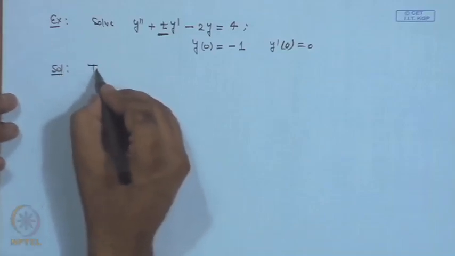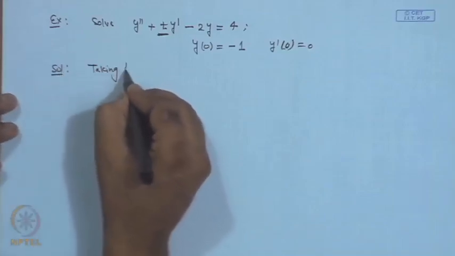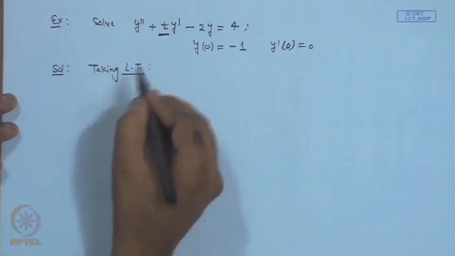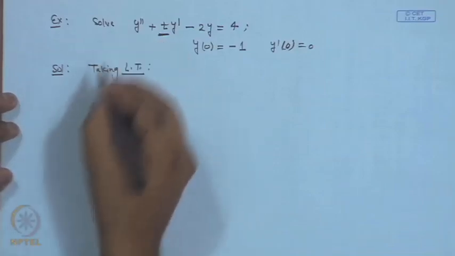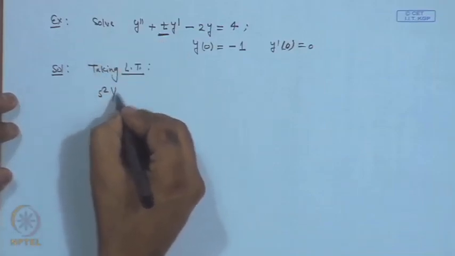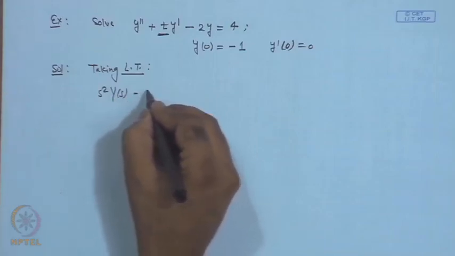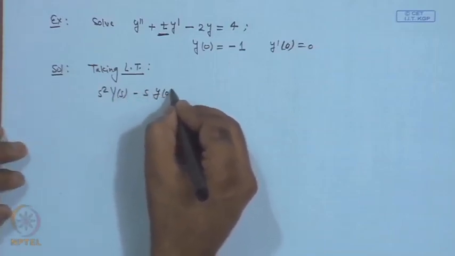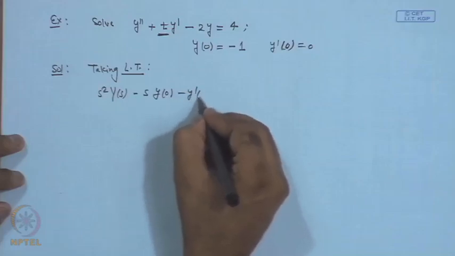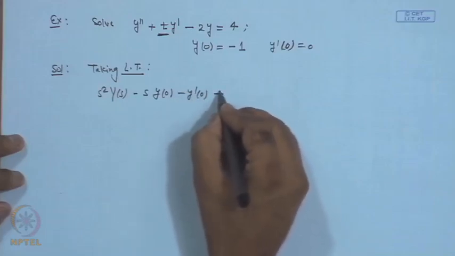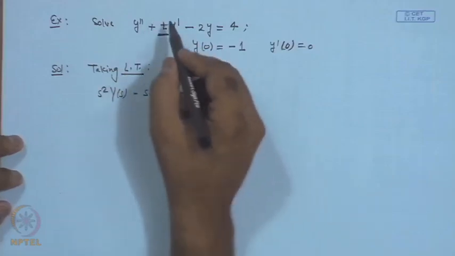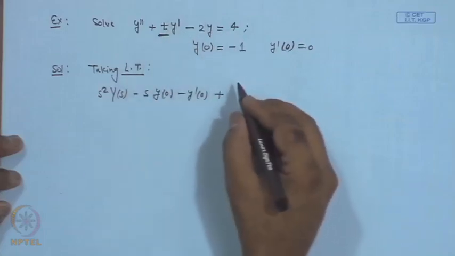So, taking Laplace transform on both sides, what we get here is s square Y(s), Laplace transform of y, minus s y(0) minus y prime(0) plus the Laplace of t y prime.